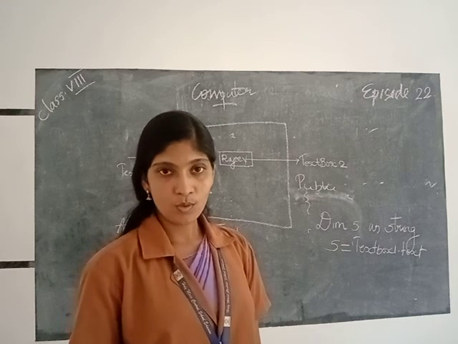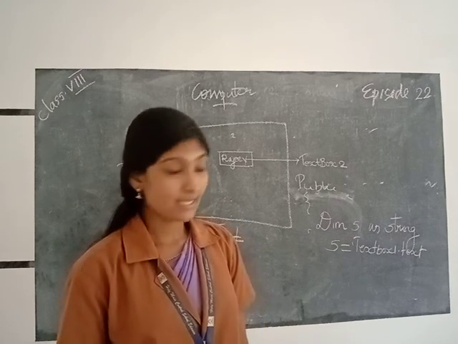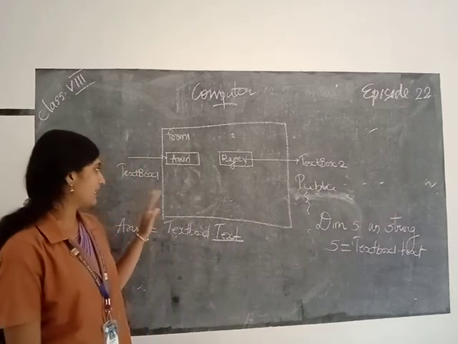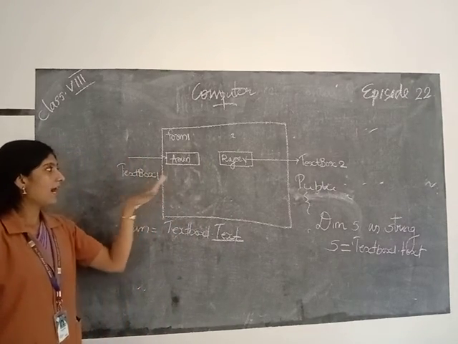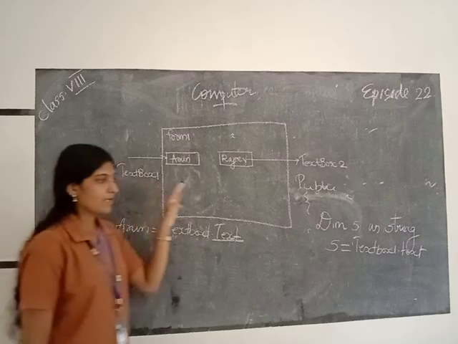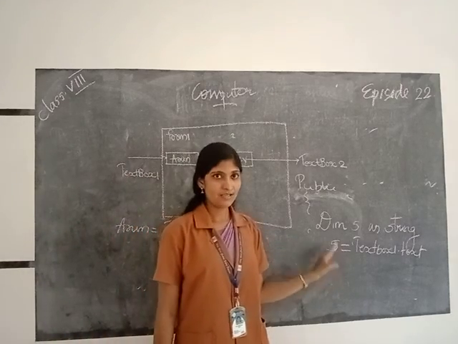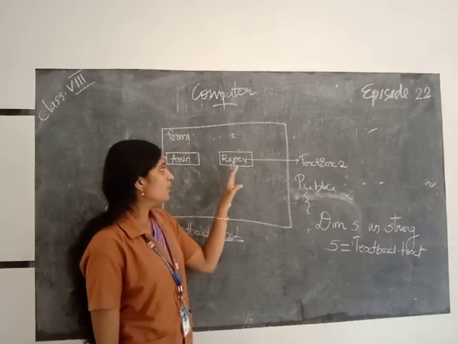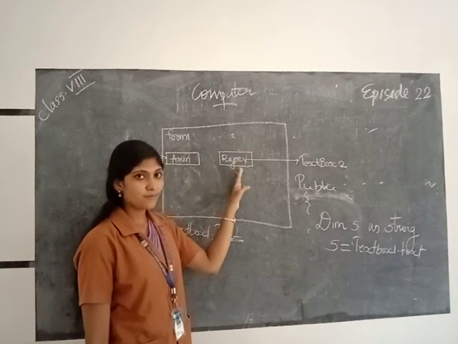Okay. Then next is TextBox2.Text. Copy the value into text box 1. So let's see. Now Arun is copied into the variable s, and we can replace the value of text box 1 with the value of text box 2.